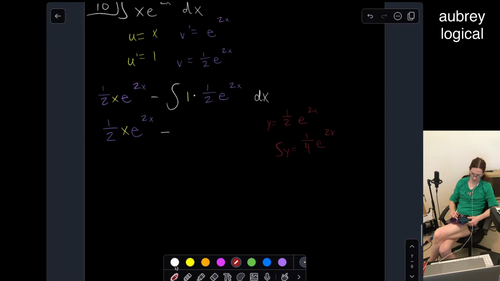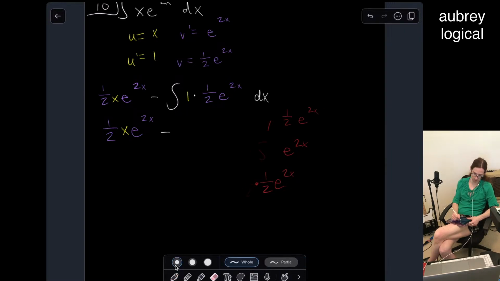Alright, let me try to walk you through that. When we're doing the integral of 1/2 e to the 2x, first we're going to pull our 1/2 out front, and we're left with e to the 2x. Deriving e to the 2x, it's just going to be e to the 2x, and then we counter by the chain rule again. So we're going to have 1/2 times 1/2 e to the 2x, which becomes 1/4 e to the 2x.